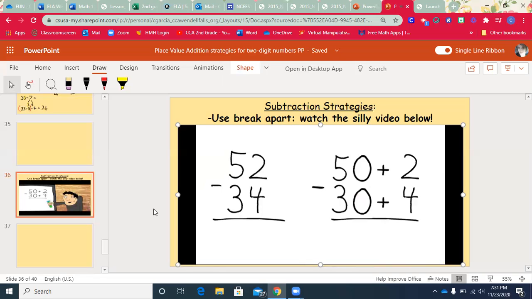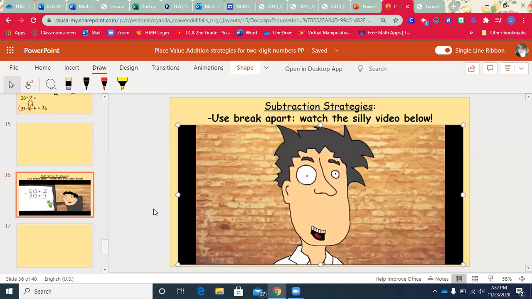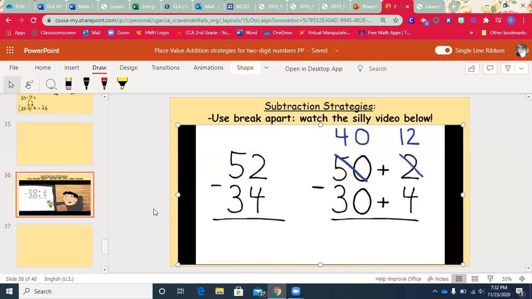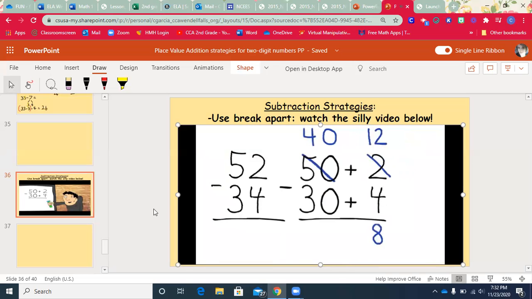Yes, I will borrow from the tens. Now look, 50 becomes 40, and we can bring it to the ones place to make it 12. We can subtract. 12 minus 4 is 8. 40 minus 30 becomes 10. Then we add from left to right and boom! There you have it! The answer is 18.